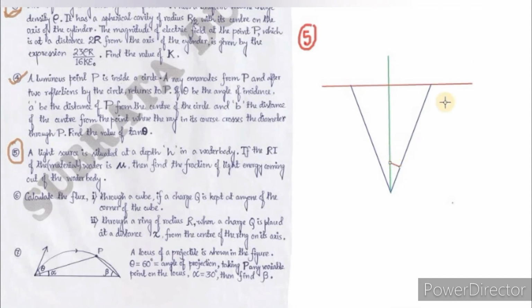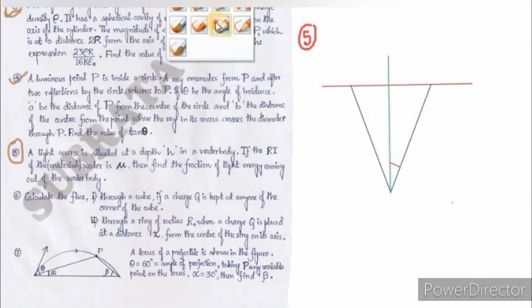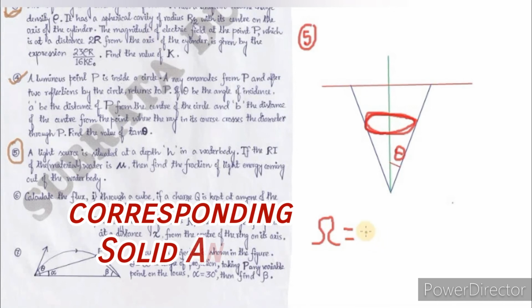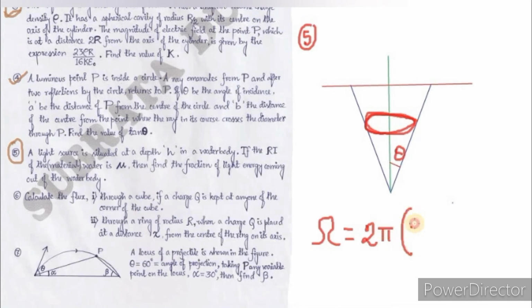Now we have to calculate how much energy is going out of this body. So here this angle is theta c, or if in a conical section, if this semi-vertical angle is theta, then the total solid angle, this is the expression of solid angle. Solid angle can be given by 2 pi into 1 minus cos theta, where theta.